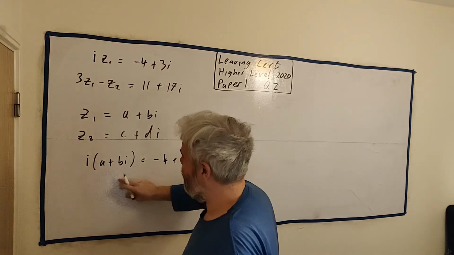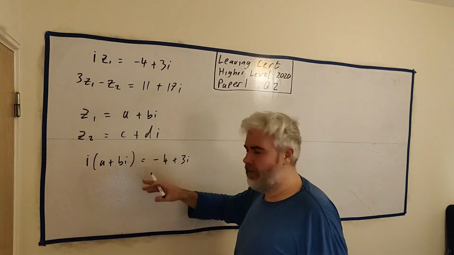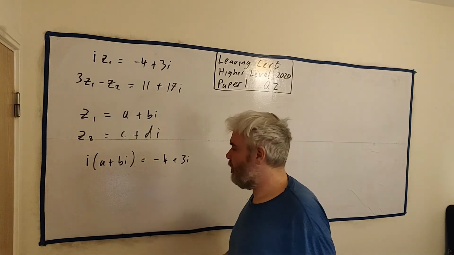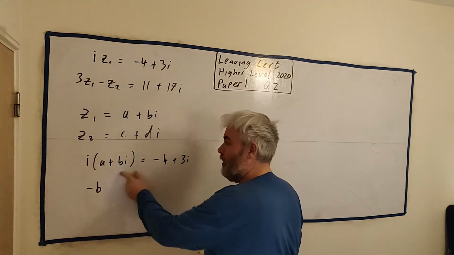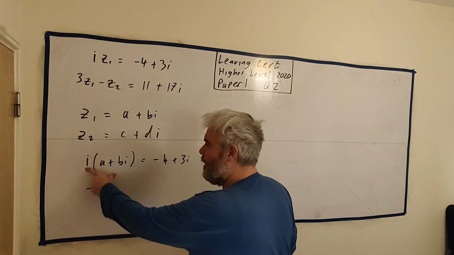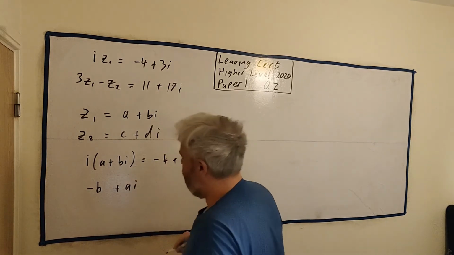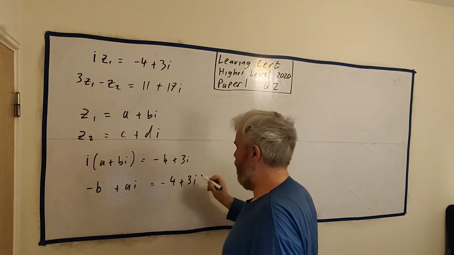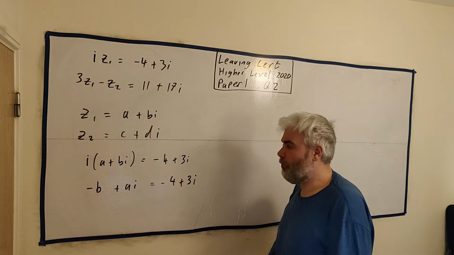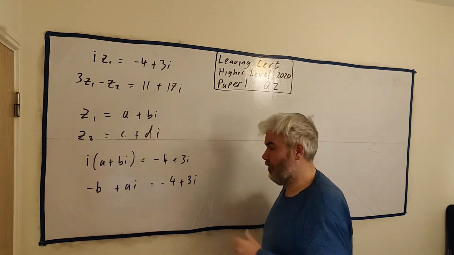If you multiply this in, I times BI, you'll get B times I squared. I squared is minus 1, so you get minus B. That's the real part. And the imaginary bit, you'll get I times A, so AI. And that'll equal minus 4 plus 3I. Now for complex numbers, we can say all the real numbers on the left equal all the real numbers on the right.